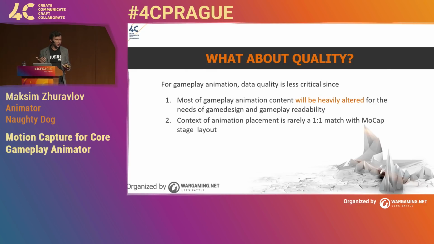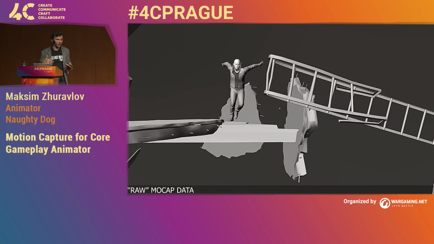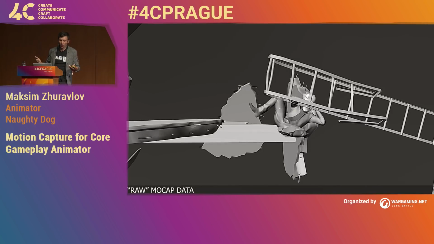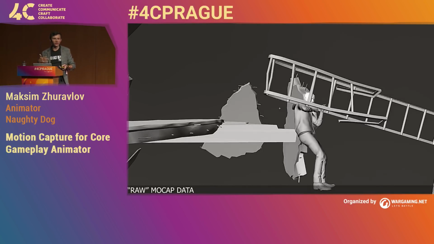The second thing is not the greatest example, but the context of animation placement in a game is rarely a one-to-one match with whatever you have on mockup. We put our best efforts into matching on the mockup stage what's happening in the game, but still the models change, the rigs change, the skins change, the props change, so all of it changes. Eventually there's going to be a moment when you go into animation and need to fix all these discrepancies.